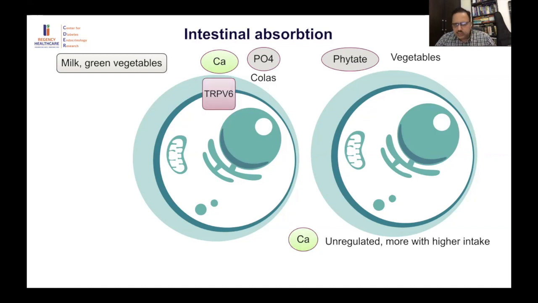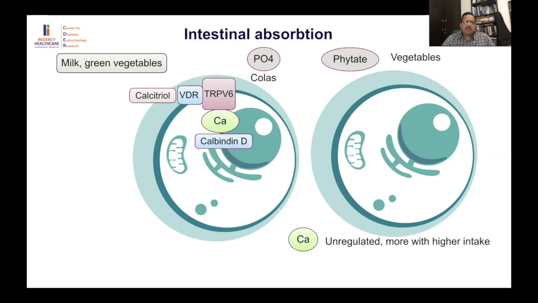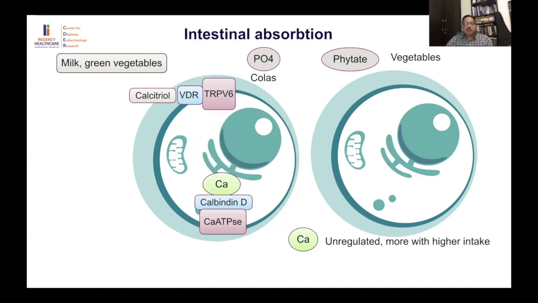Now, this calcium is transported through the gut using the active transporters. Once inside the enterocyte, we have the vitamin D dependent action, where calcitriol acts on the vitamin D receptor to produce calbindin D, which is basically a transporter protein of calcium, which takes this calcium from the luminal side to the side where the blood vessels are, and from there this calcium is taken off from the basolateral part.